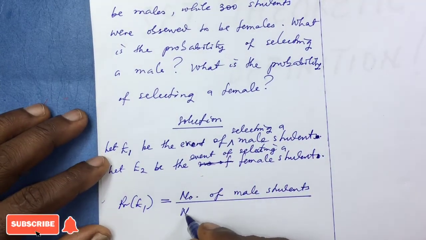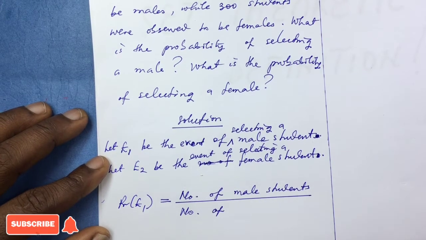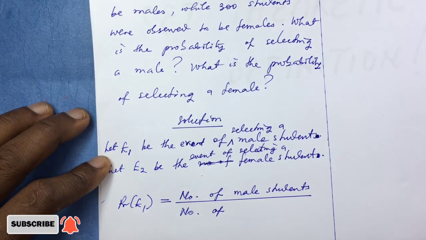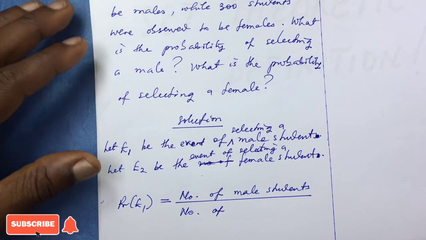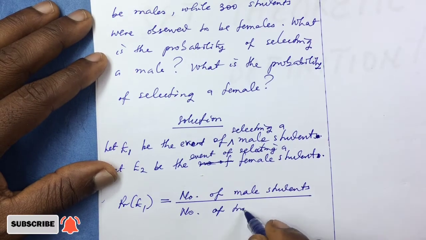The number of male students becomes our number of successes. In this case, since we are interested in selecting a male, that becomes a success, while selecting a female in this case will be a failure. So the number of trials will remain 500.